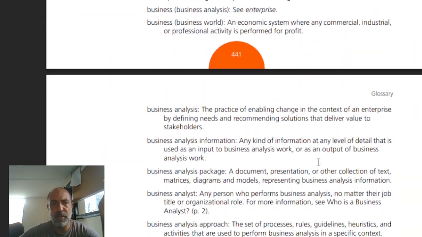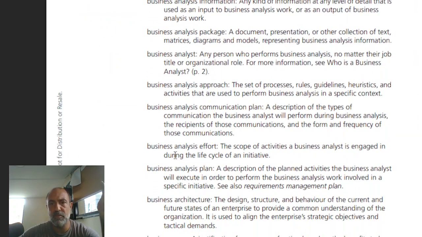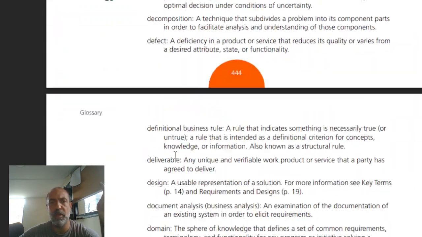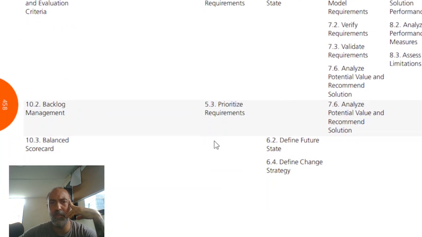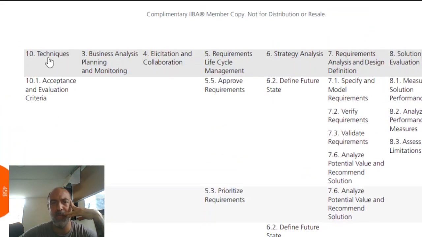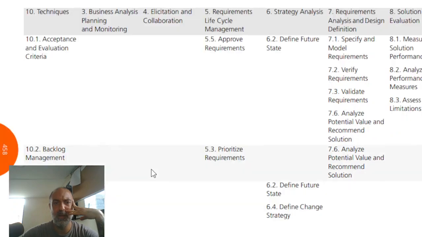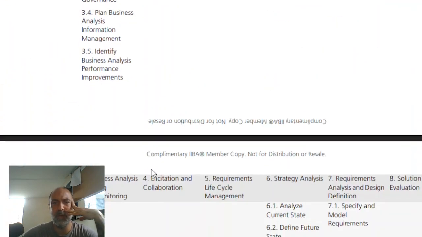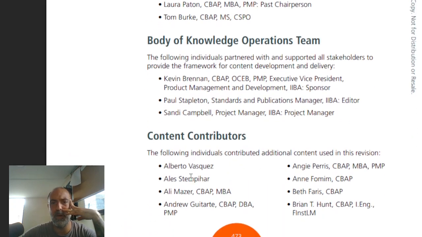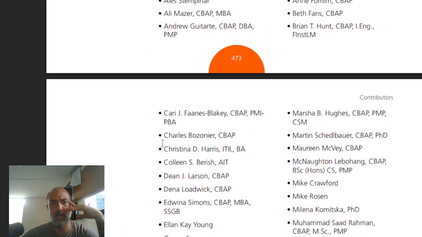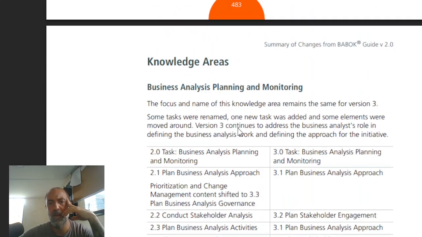This glossary is basically just teaching us all the different meanings, so we're good. Techniques to tasks mapping maps the techniques to the tasks. I'm not sure how they're doing that, but maybe I'll take a look later. Contributors is basically a reference of the people that helped make the book.